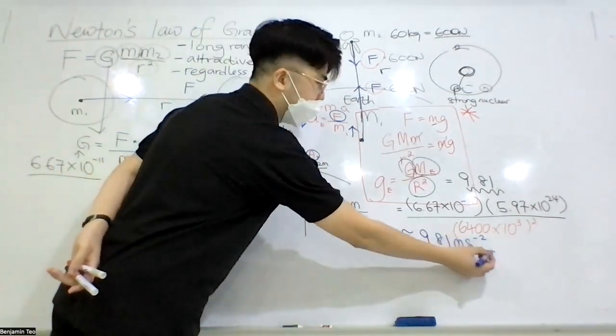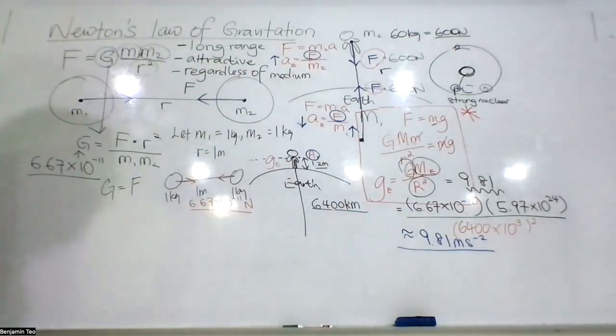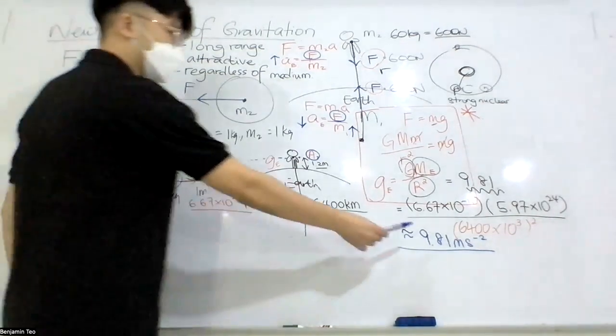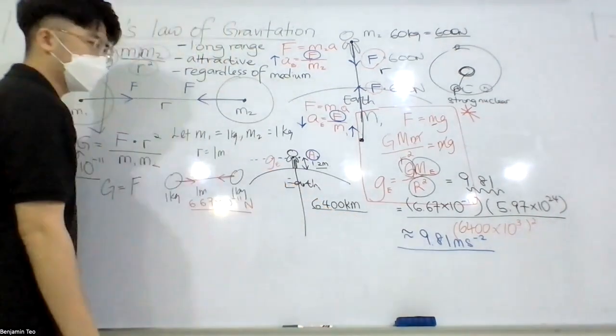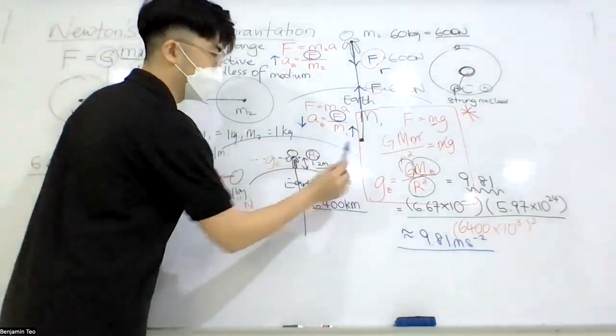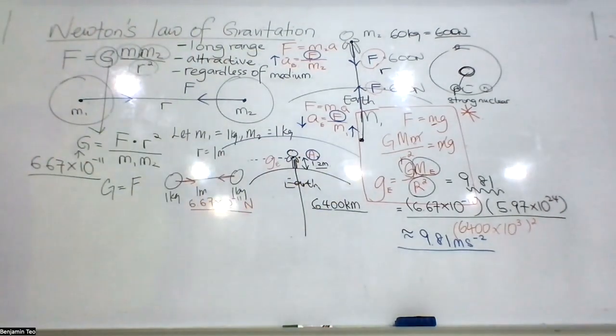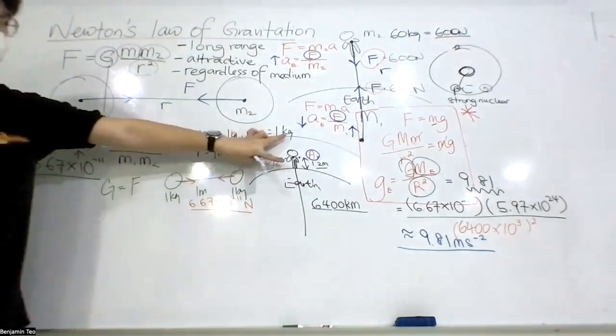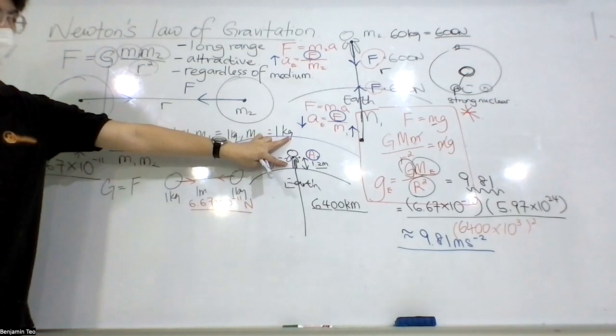Now, is this value fixed? In all the examples, all the calculations we did in O level, we always take the same value because we assume every single calculation is close to the Earth, where the distance doesn't make any difference.